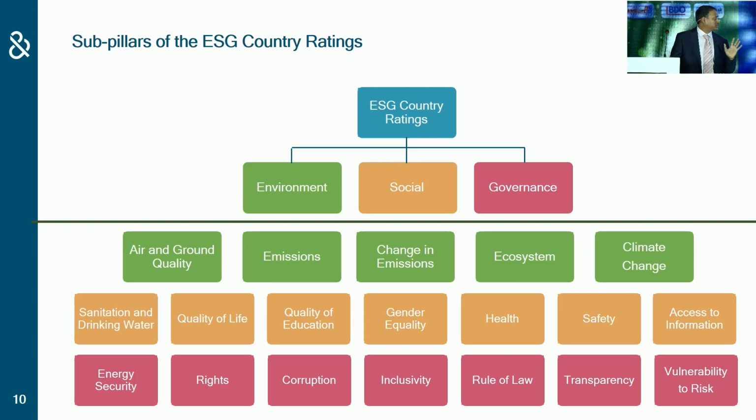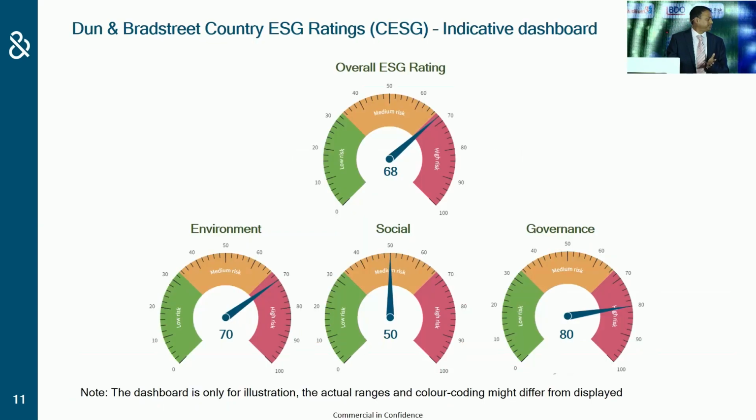So there are almost 5 scores within the E, what we call sub-indices. There are something around 20-plus indices available for all 130 countries. This makes a good point for any company, before they enter any country, to assess whether it is ESG compliant or not.